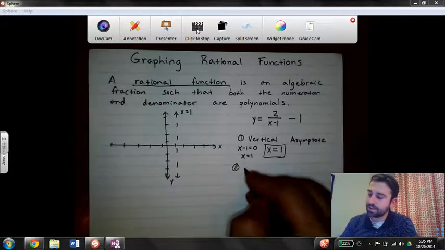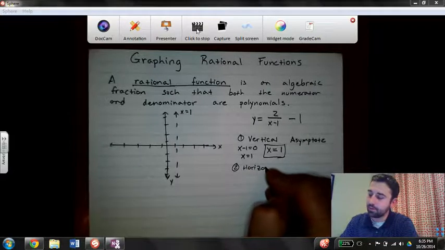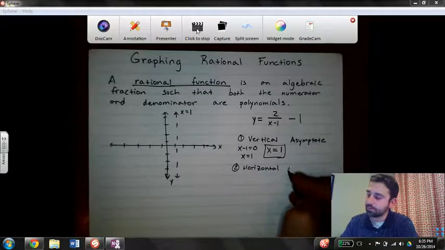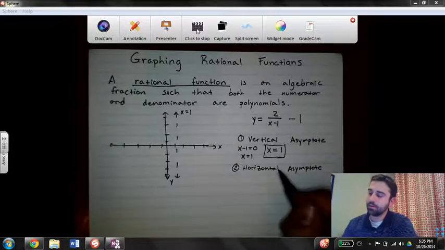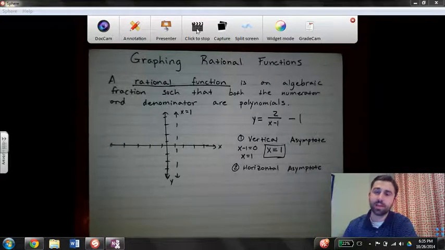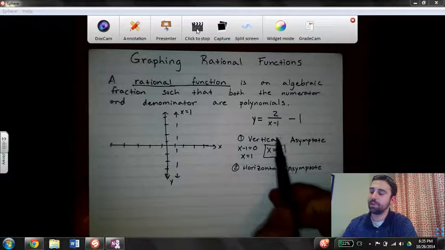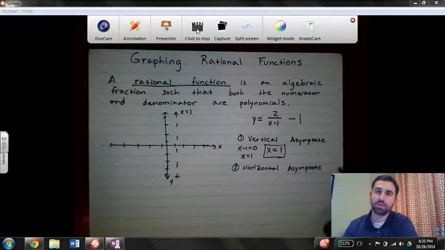My second step is to find the horizontal asymptote. In order to do this, I need to think back to what I know about function transformations.